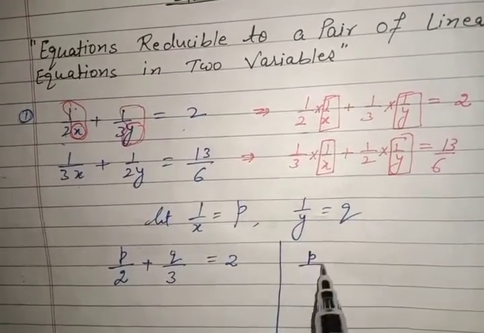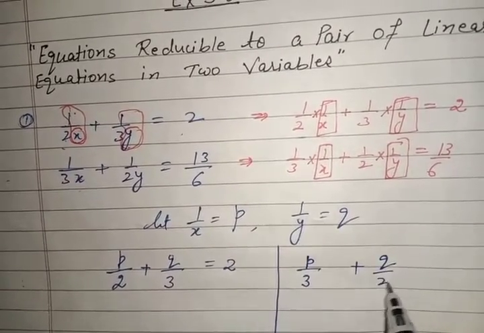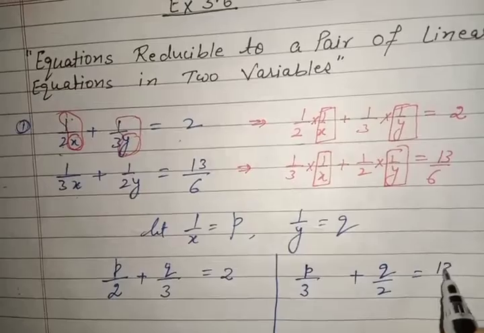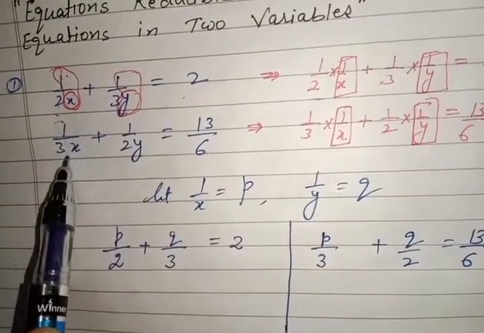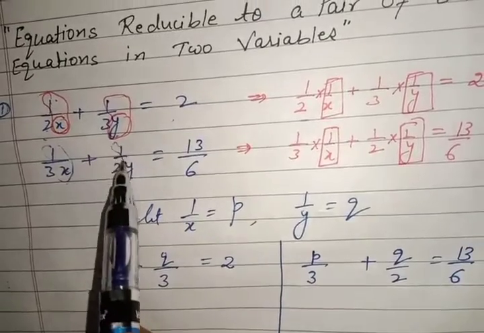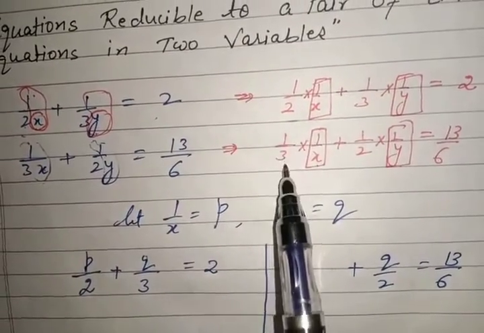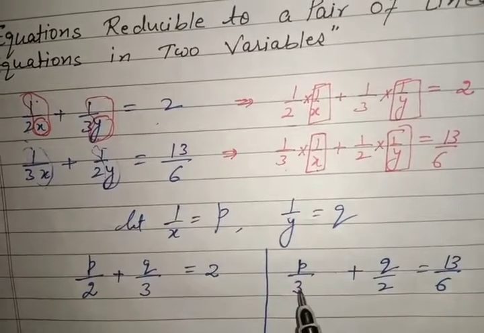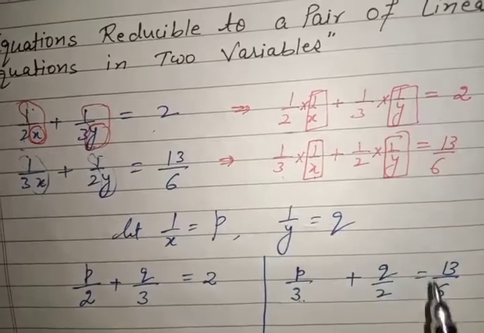This is p by 3 plus q by 2 is equals to 13 by 6. Because again this 1 by x can be written as p and this 1 by y can be written as q. From here also you can see this is 1 by 3. This will become p by 3, and this is q by 2.